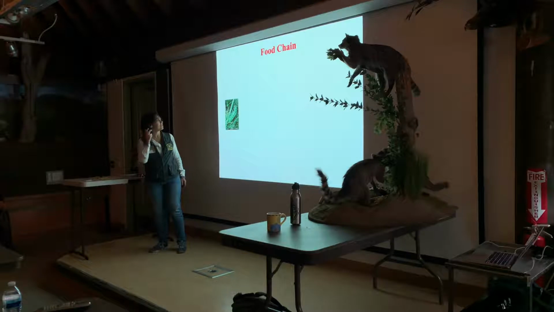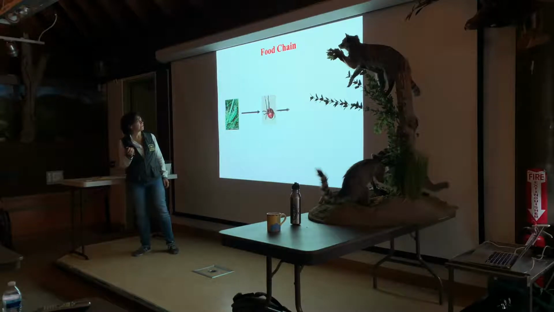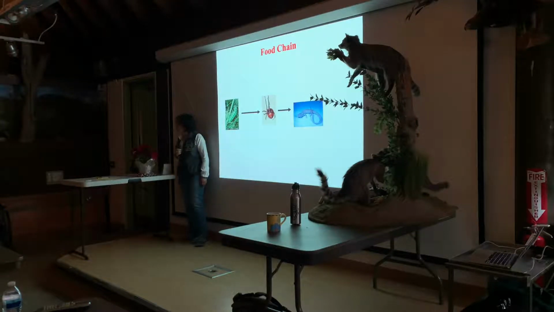Moving on. Okay, so this is an idea of a food chain. We're going to jump through this food chain. Everything here is something that you might find in Placerita Canyon, right? Caterpillars eat plants. They're an herbivore, right?